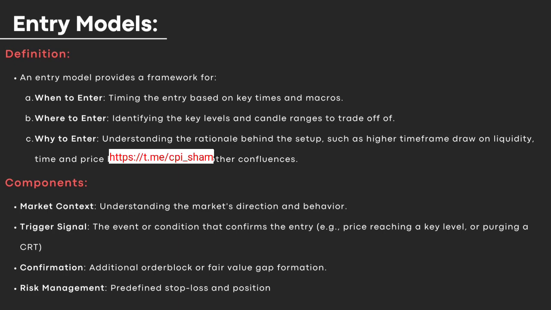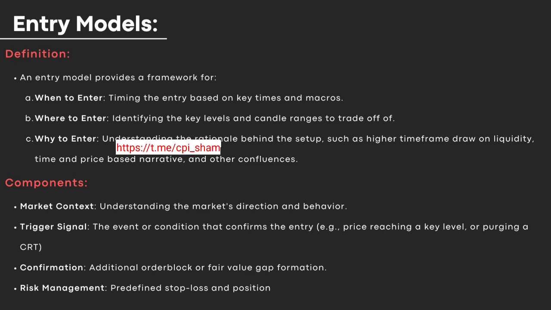It could be in the form of a liquidity purge, a turtle soup, an order block forming, or price reaching a key level or purging a candle range, right? These are the different triggers or events that help us identify the signal that tells us it's now time to enter the trade or execute the trade idea that we've been waiting for.